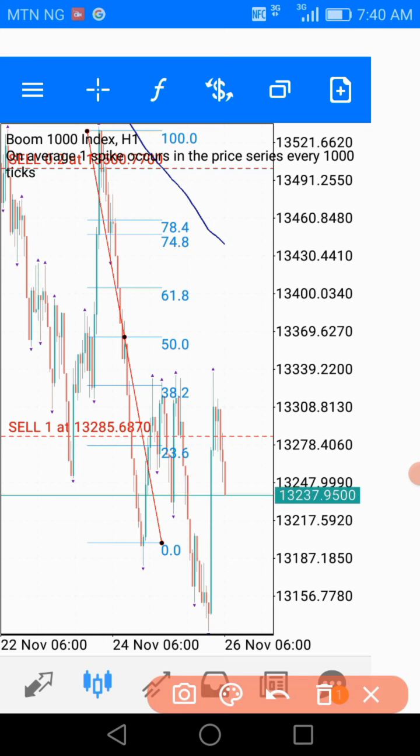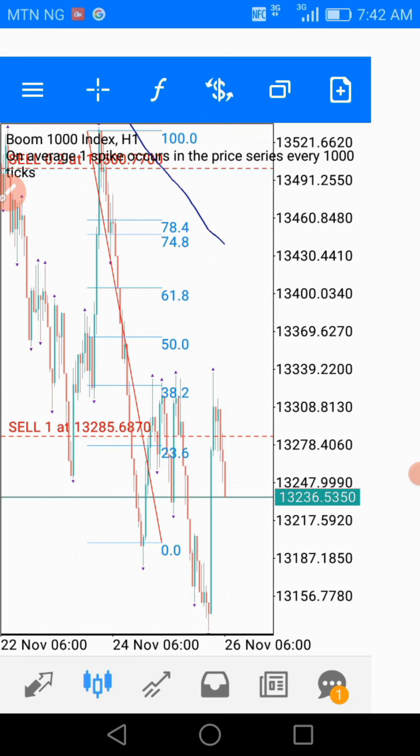Now, whatever I've said here on boom, the reverse is the case for crash market or buying cycle. In a buying cycle or crash, all the areas below, the reverse will be the case, like I said earlier.